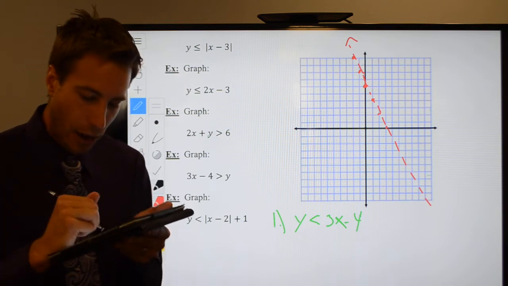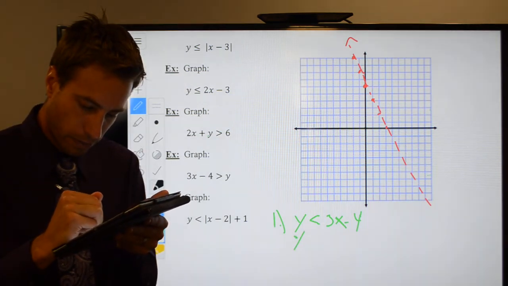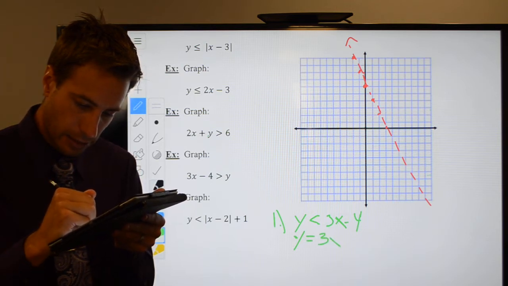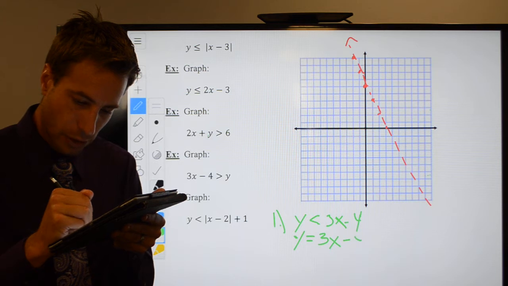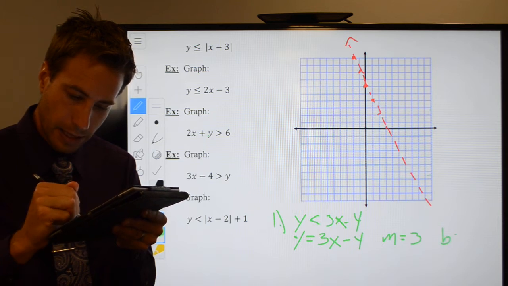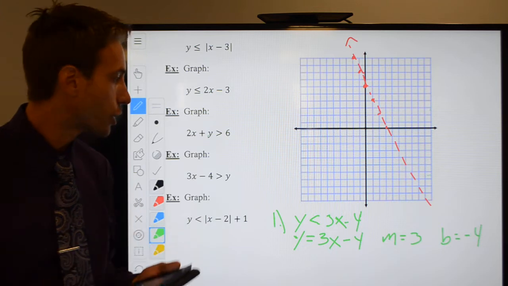Okay, now I need to graph the equation. So y is equal to 3x minus 4. And now it's pretty easy to see. M is a positive 3 and B is a negative 4. All right, so I should be able to graph this.